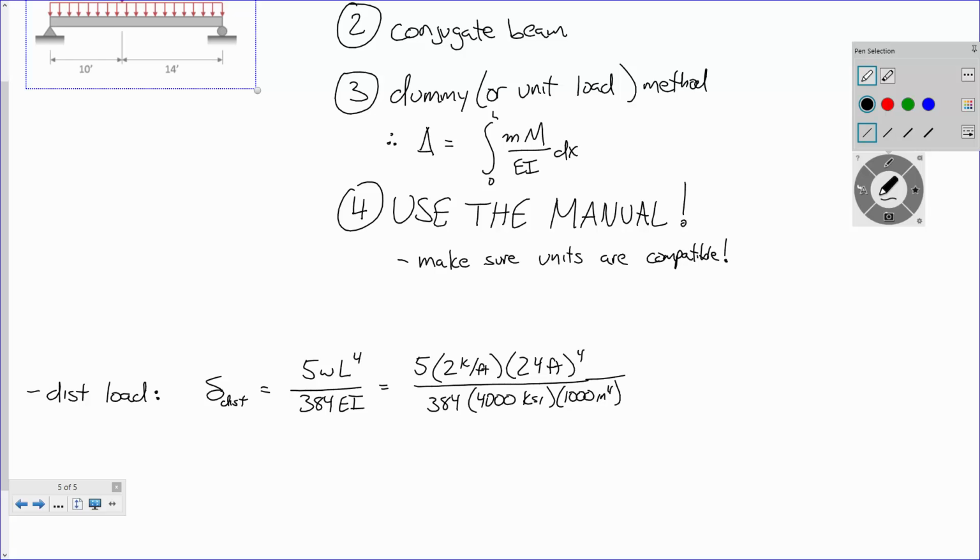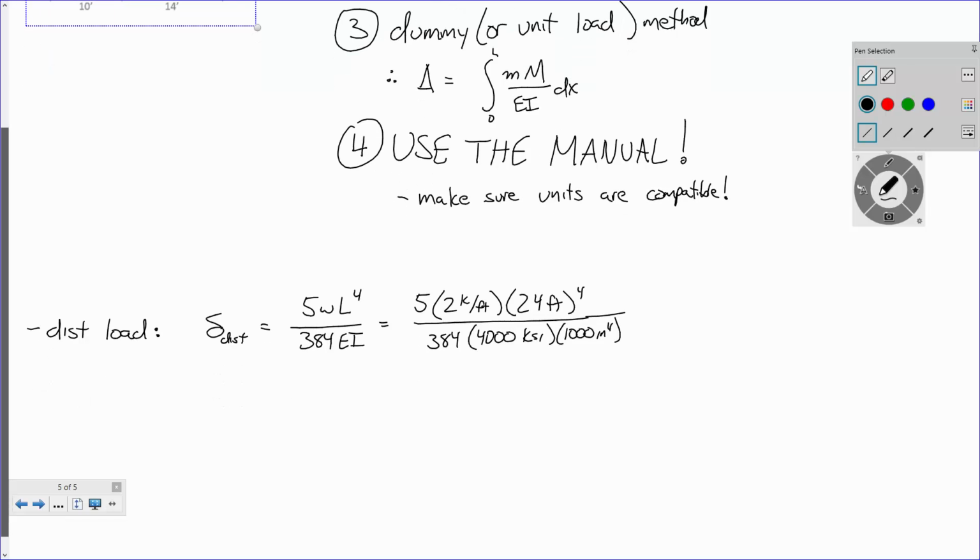Now, before we do any button crunching on the calculator, let's look at the units, okay? So what are we going to get from a unit standpoint? We're going to get kips per foot times feet to the fourth, right? Then over kips per inches squared times inches to the fourth, right?